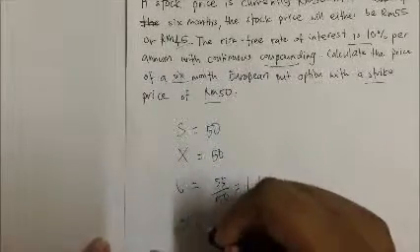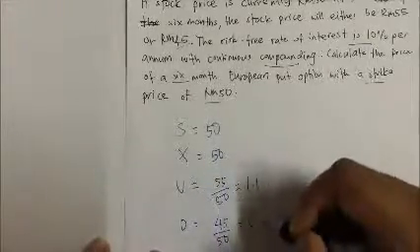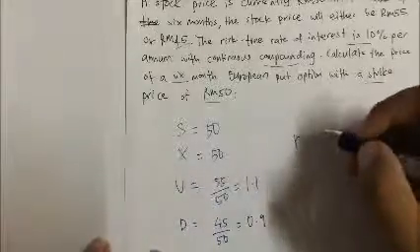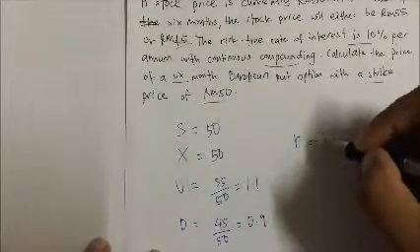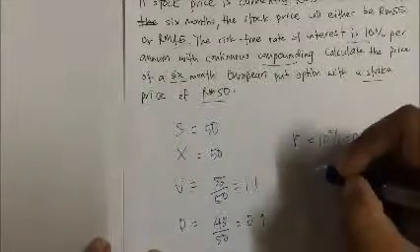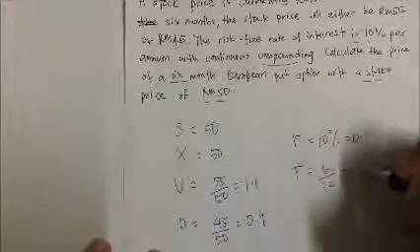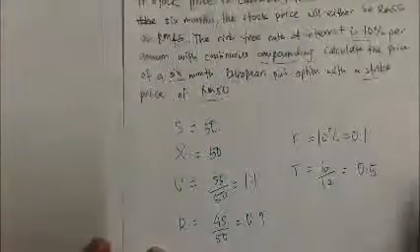The down magnitude is 45 over 50, which is 0.9. The risk-free interest rate is 10%, which is 0.1. And the time frame given is 6 months, so 6 over 12 is 0.5.